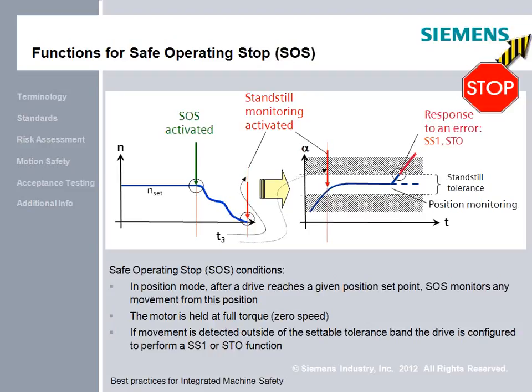The importance of this function might be this: with the machine operator door open, I have safe operating stop active on my vertical axis, I'm holding my brake in reserve, and the safety system discovers that the axis is dropping.